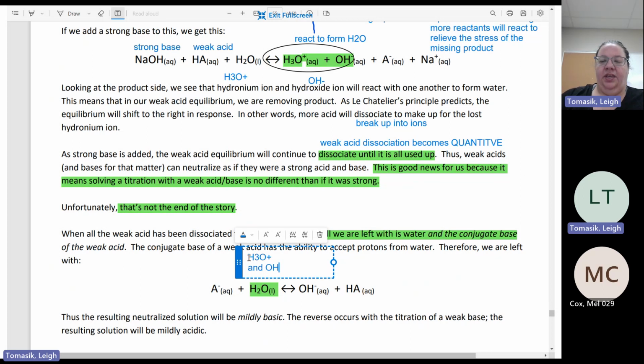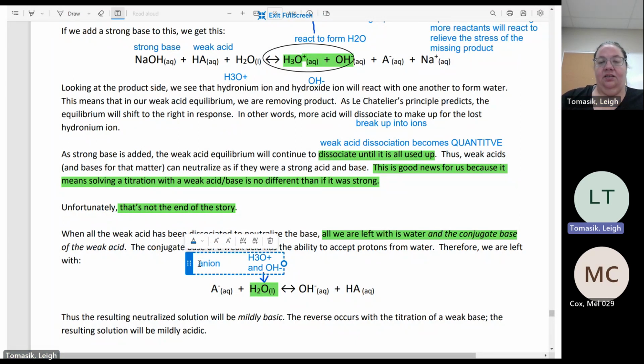They become H2O, so that's where that came from. So all we're left with is water and the anion of the weak acid.